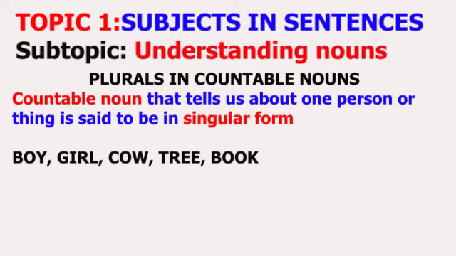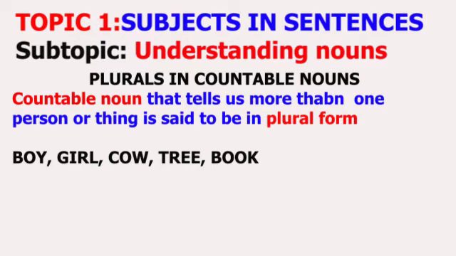But if a countable noun tells us about more than one person or thing, it is said to be in a plural form. For example, boy means one boy, but if it is more than one boy, we say boys. Girl means one girl, but girls means more than one. Cow is one cow, but cows means more than one; it can be 3 cows, 4 cows, or 10 cows, and so on.